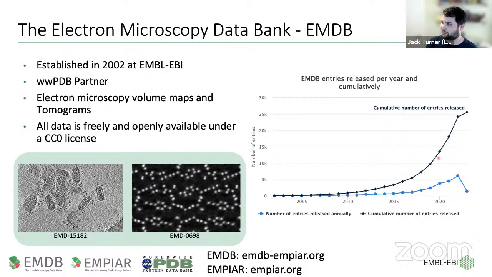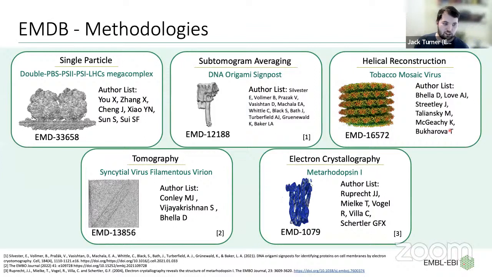So we passed 20,000 entries last year, but actually fitting the curve, we're looking to pass 50,000 entries in about 2025 and 100,000 entries in 2028. Of course, it may not stay exponential forever, but considering what we're currently seeing, I do think we will hit that 50,000 figure sometime in 2025 at least. In terms of the different methodologies we accept into the EMDB archive, I've just got the 5 different methodologies here and an example for each.